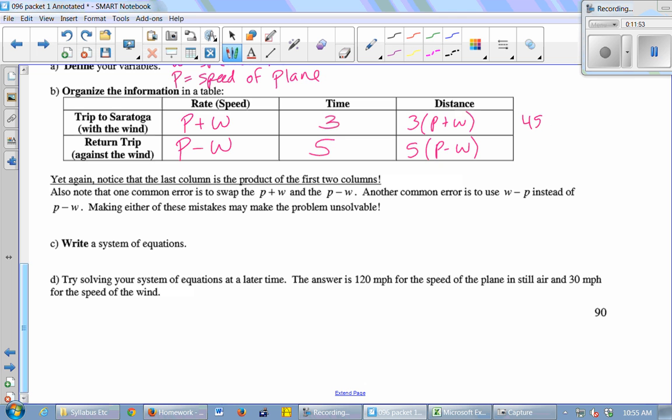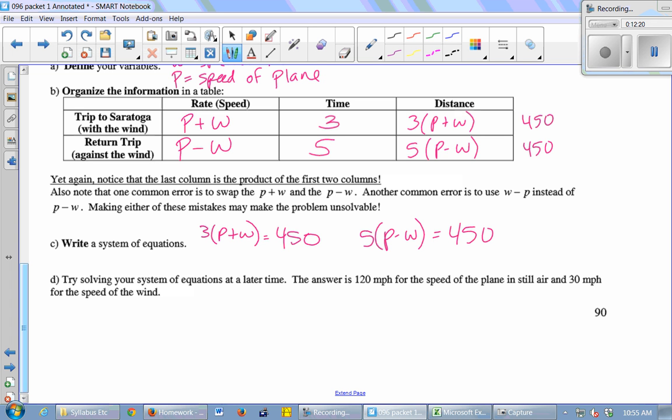So this is 450, and this is also 450. The distance in both directions is 450 miles. So I have 3 times (P plus W) is 450, and 5 times (P minus W) is also 450, because your trip there and your trip back are both 450 miles.